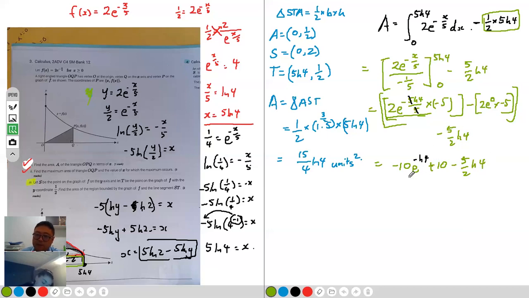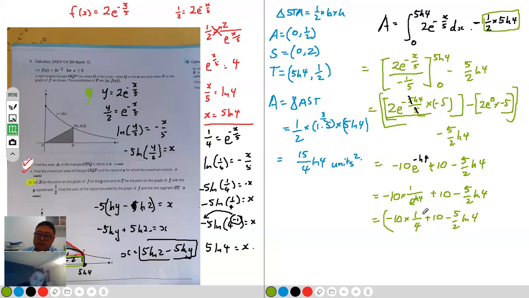Now, what does this become? That becomes minus 10 times 1 on e to the ln 4, plus 10 minus 5 on 2 ln 4. Okay. Minus 10 times that bit becomes 4, plus 10 minus 5 on 2 ln 4.